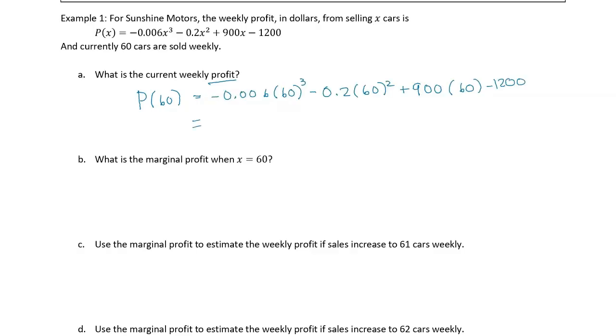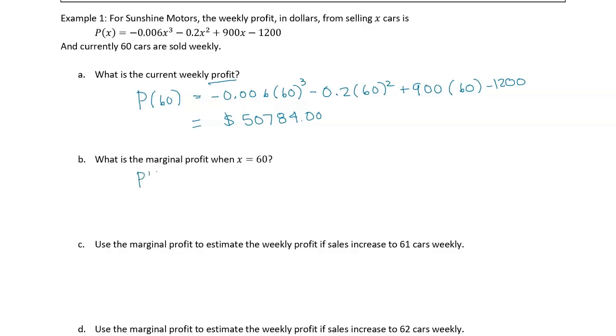This equals $50,784 in profit. The next question says, what is the marginal profit when x equals 60? The marginal profit is a measure of slope at that point, and slope we know is derivative.